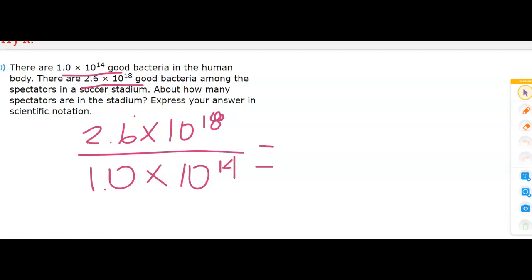So then this will be rewritten with 18 minus 14, which would be 4, and then I have to divide the 2 and 6 tenths by the 1. And so my answer will be 2 and 6 tenths times 10 to the 4th power. And that's it.